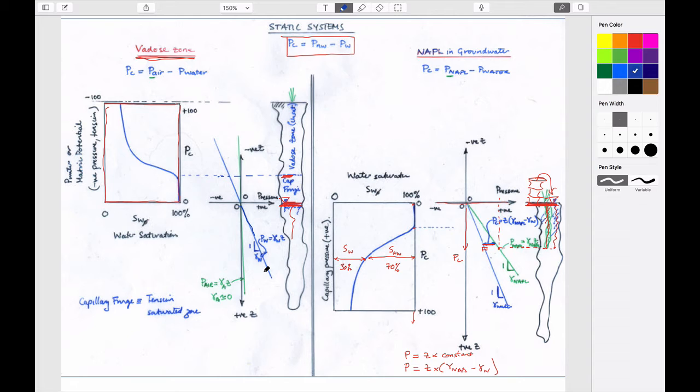The pressure you have to apply to pull it up is going to be exactly the reciprocal of that. If you go 1 meter up here, it's the same as the pressure you'd see at 1 meter down here, but negative, because it's in tension. And so you can imagine this line just being extended up through this origin. It goes through the origin here because by definition, what's the definition of the water table?